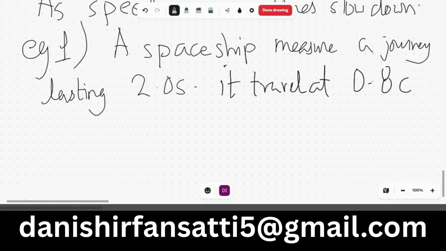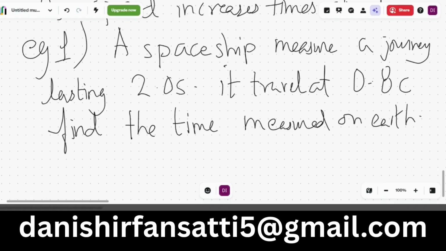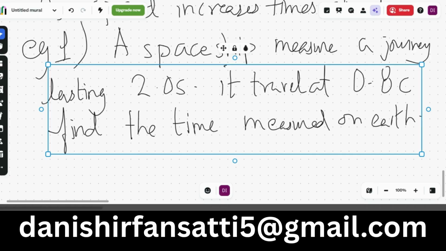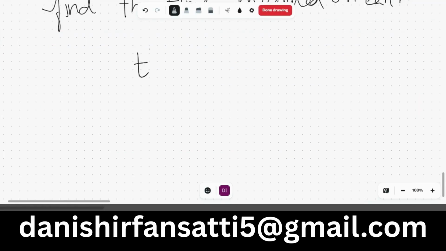Find the time measured on Earth. So we are going to use the formula t dash is equal to t over the square root of 1 minus v square over c square.